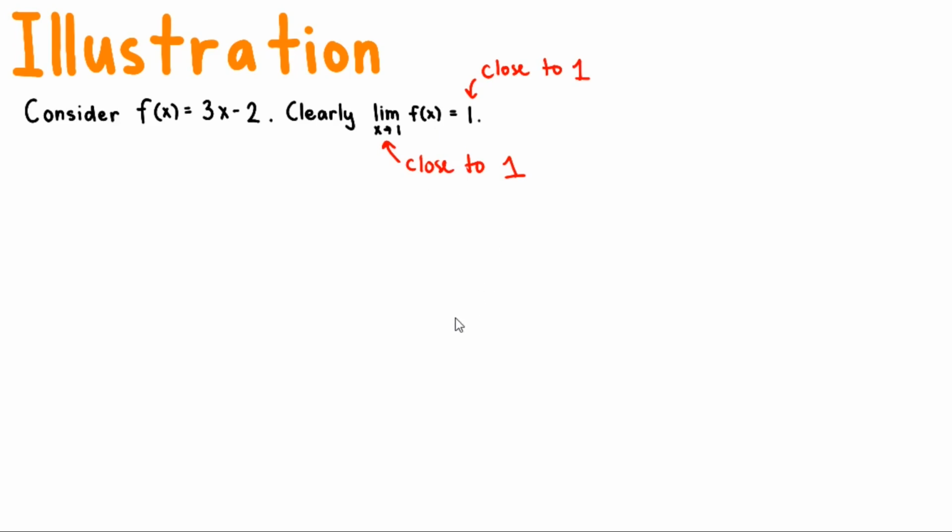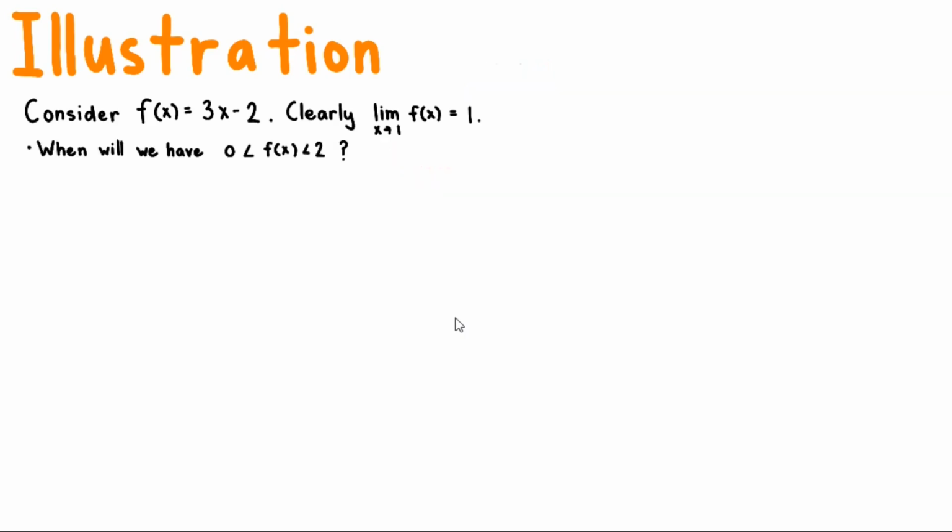So given this idea, let's try to consider inequalities. More specifically, let's try to consider bounds for our values. In this case, let's have f of x between 0 and 2. So technically, this is like f of x between 1 minus 1 and 1 plus 1, since we know that we're dealing with f of x to be at 1.